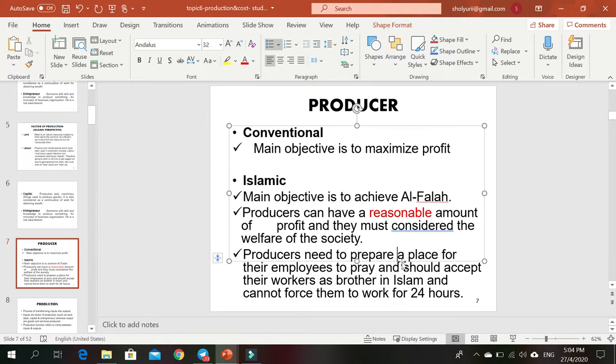And producer need to prepare a place for their employees to pray and should accept their workers as brother in Islam and cannot force them to work 24 hours a day. So kita anggap walaupun kita majikan, pekerja-pekerja kita ni saudara kita, macam adik-beradik kita lah. So kita nak jaga dia orang ni. Okay, jaga kebajikan dia orang, jangan paksa dia orang bekerja 24 jam, and give them what they deserve, tempat untuk beribadah, waktu untuk berehat and so on.